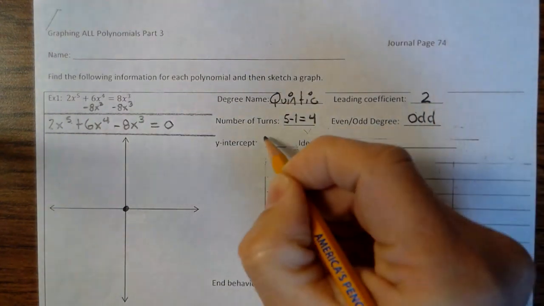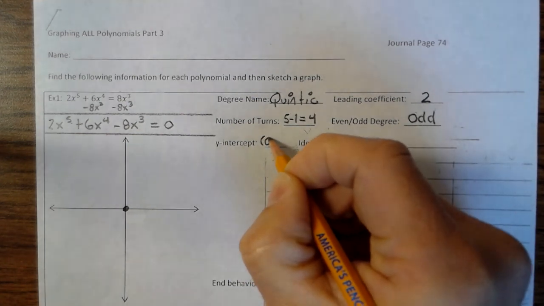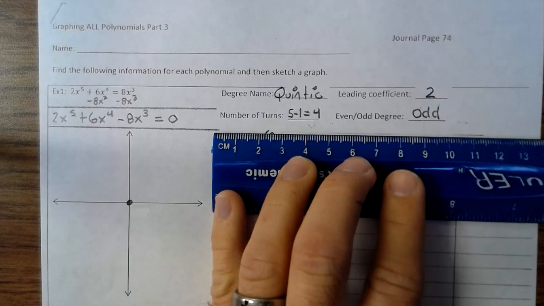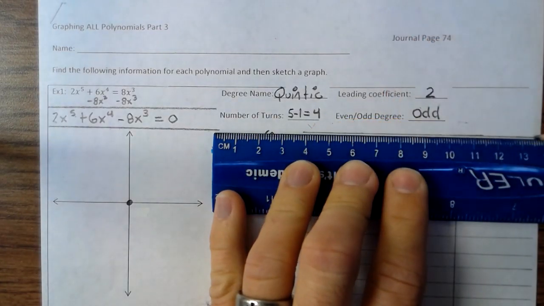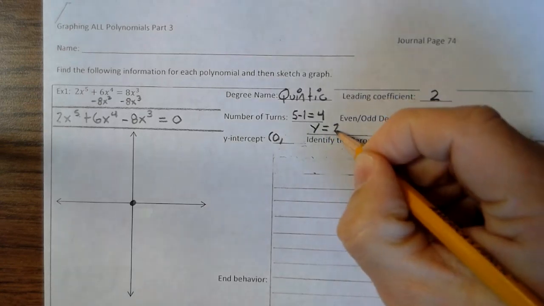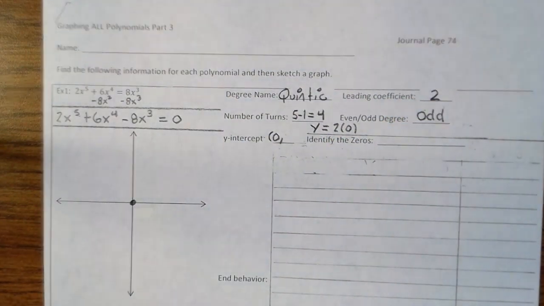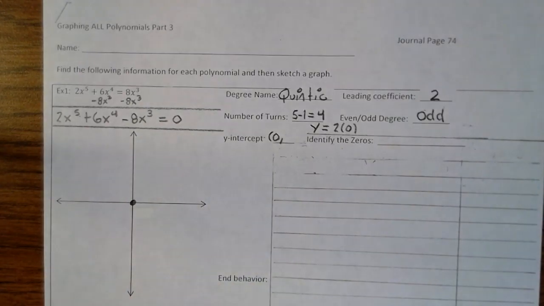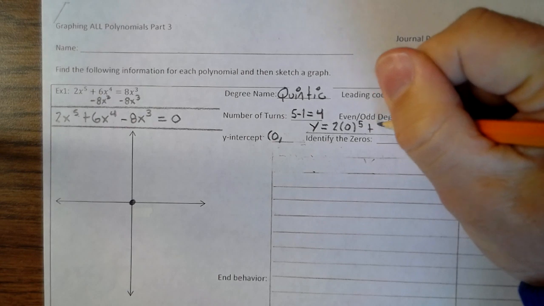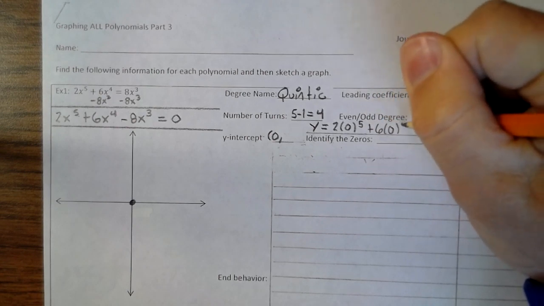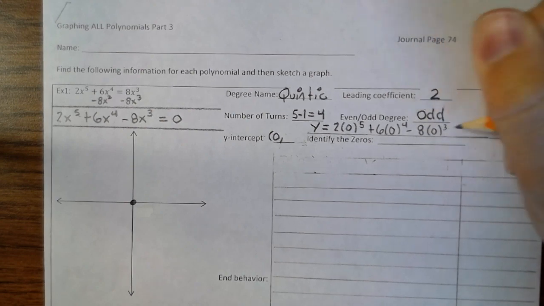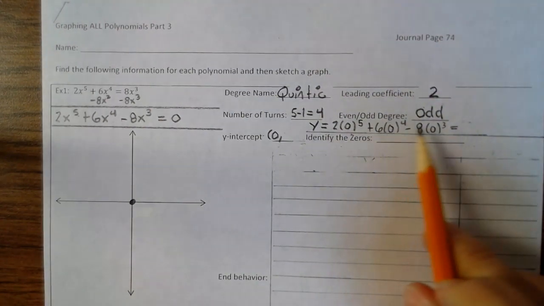Now the y-intercept is when x is 0. So what we're going to do is substitute 0 in for x. So y equals 2 times 0 to the 5th power plus 6 times 0 to the 4th minus 8 times 0 cubed equals 0 plus 0 plus 0 equals 0.